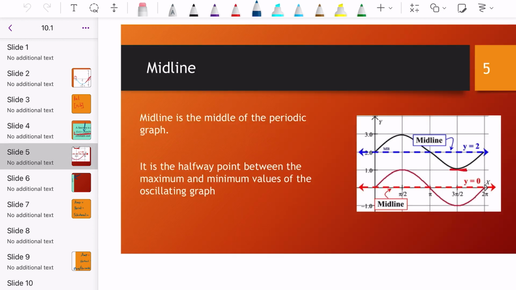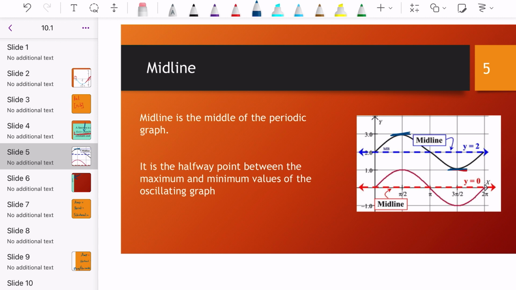In slide 5, we begin to talk about the midline. The midline is the middle of the maximum and minimum of that graph. So when we take a look at this blue equation, notice we have a maximum of 3 and a minimum of 1. The midline would be that y is equal to 2.